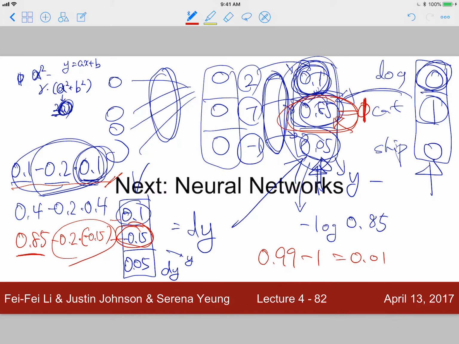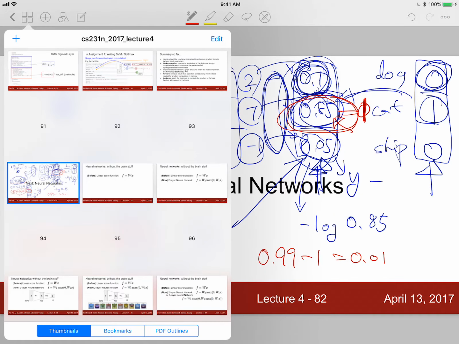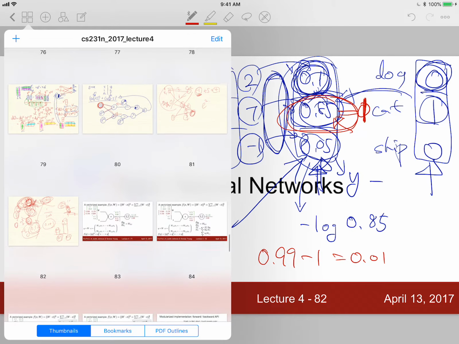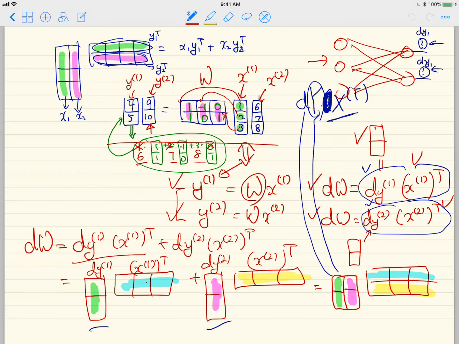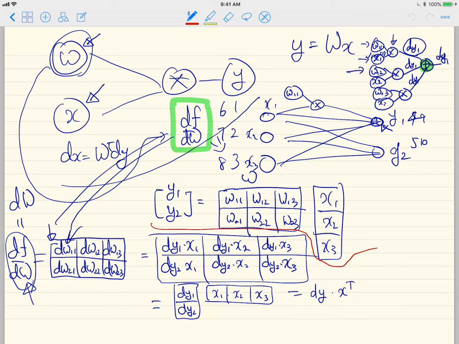Okay, so related to this perspective, back to this example of the fully connected layer. Suppose we obtained dy. Why do we need to compute both dW and dx?